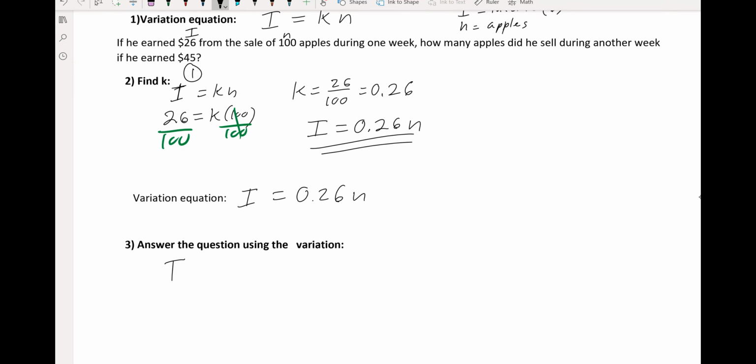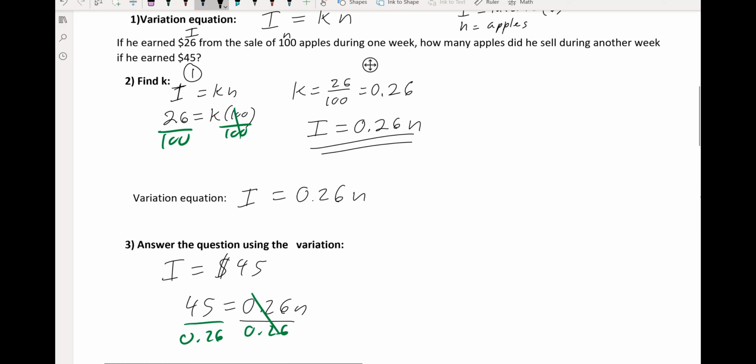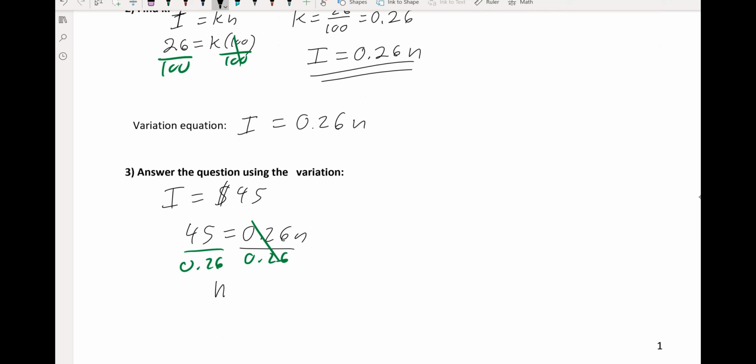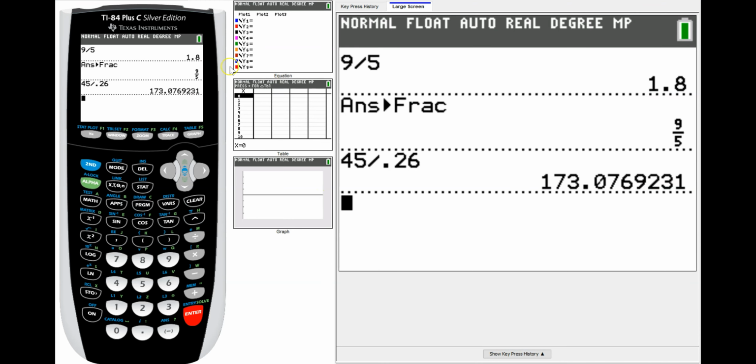Now, part 3, we need to use it to answer the problem. They're giving us the income he made, which is $45. And so we can plug that in and then solve that. And it'll give us our n. So our n equals, and then we plug it in our calculator, and we get 173.076.